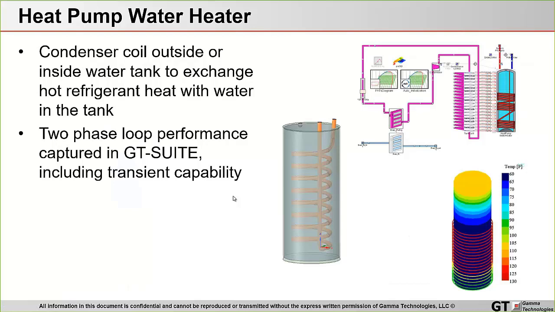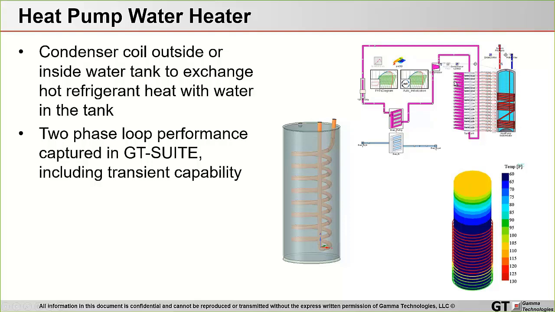And then for the heat pump water heater, this is similar to what you might see with an electric tank with the same physics that we talked about a few minutes ago. Only this time, instead of the electric heating elements being embedded directly in the water tank itself, there is a condenser coil from a heat pump circuit that is either embedded inside the water tank or outside the water tank around the tank walls.